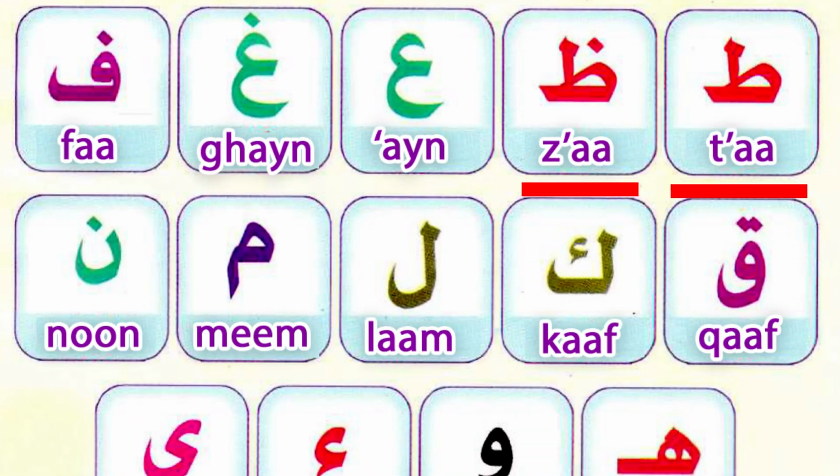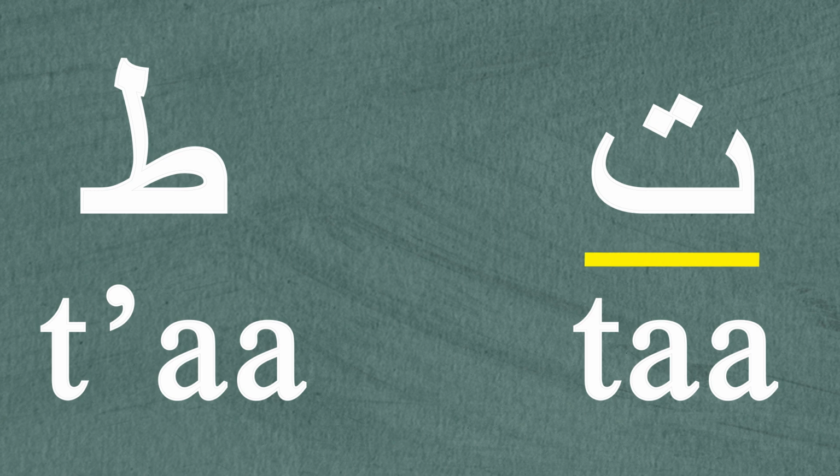Those two, the first is ta, and don't say ta. Some people are saying ta, not Arabic people, I meant the learners. But now you will differentiate between ta and ta. That ta that we learned before is the third one in the Arabic alphabet.